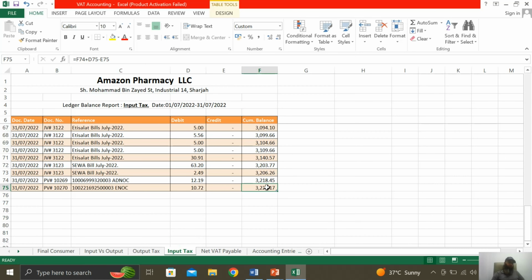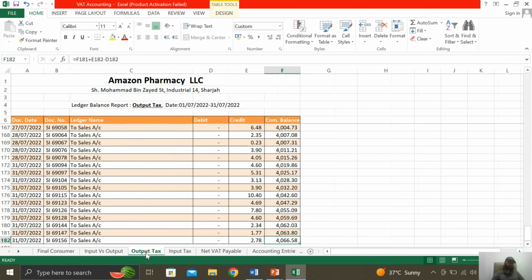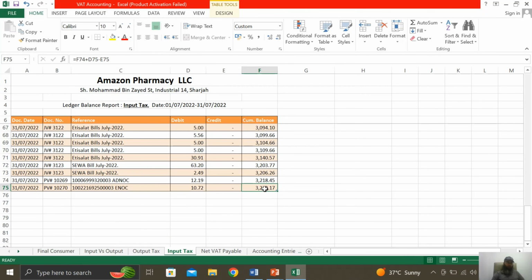So this is a claimable amount, that's why it will be in your assets. And the tax you have collected is payable. This payable minus what you have already paid will be your net VAT payable. So this is the concept of input and output VAT.